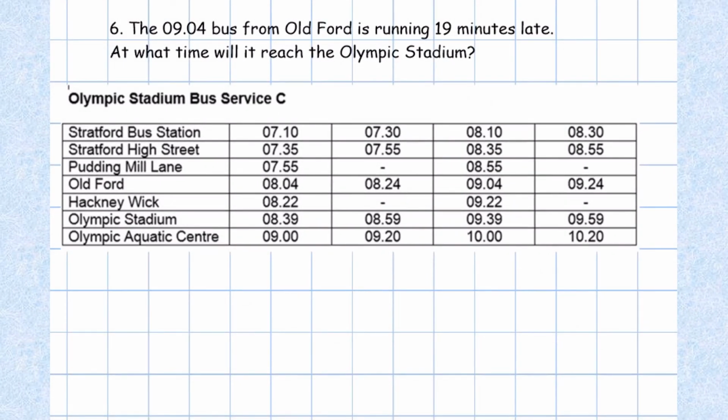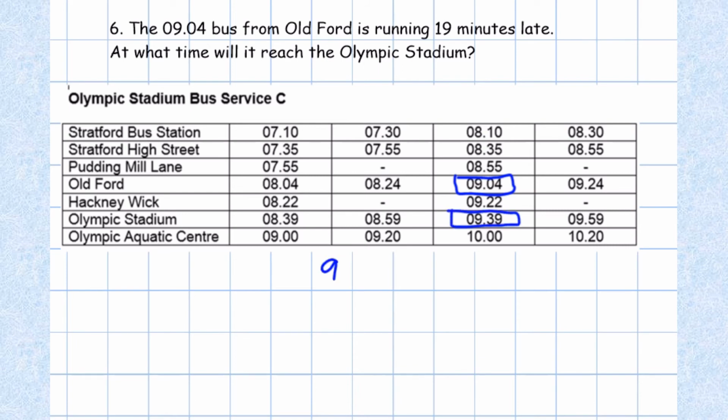Okay, so the final question. The 9:04 bus from Old Ford is running 19 minutes late. So we go to Old Ford, we've got the 9:04 bus, it's running 19 minutes late. At what time will it reach the Olympic Stadium? Well, it should be there at 9:39.